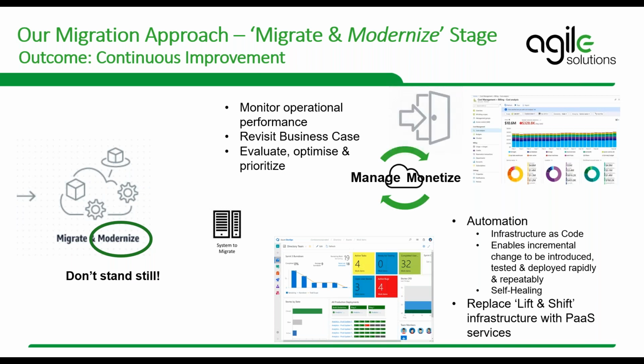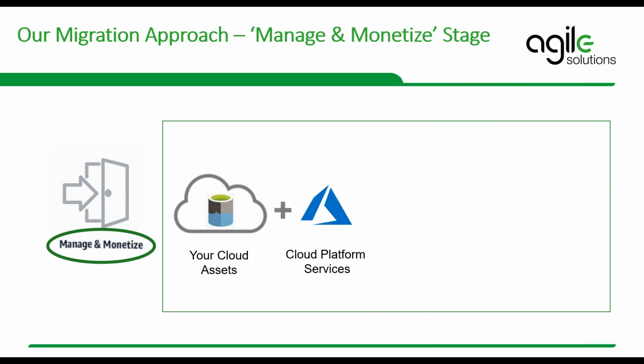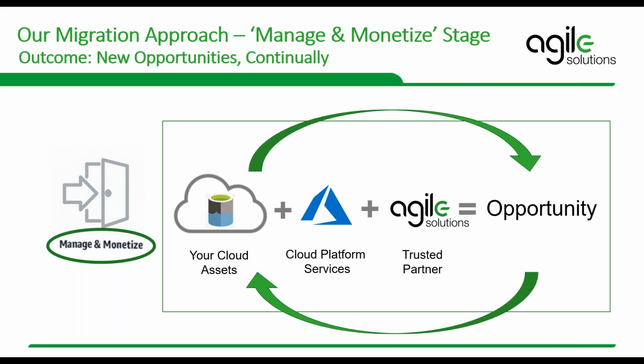And then we start getting into the manage and monetize cycle that we've talked about already. And talking about manage and monetize, well, effectively it's a simple kind of equation between your cloud assets plus the cloud platform services, and the help of a good partner leads you to opportunity on a continual basis.